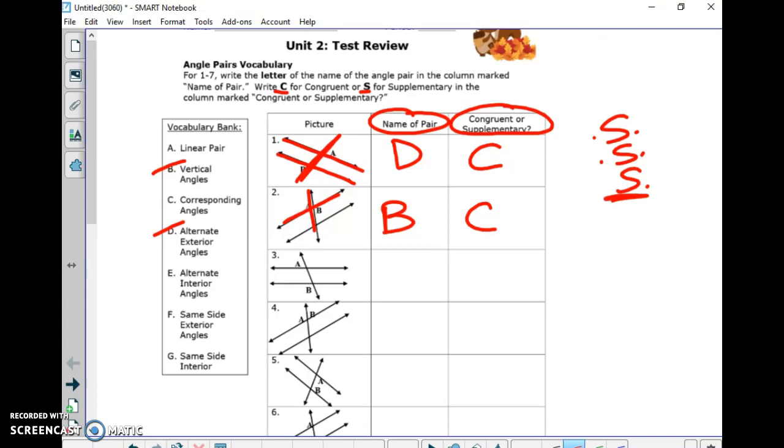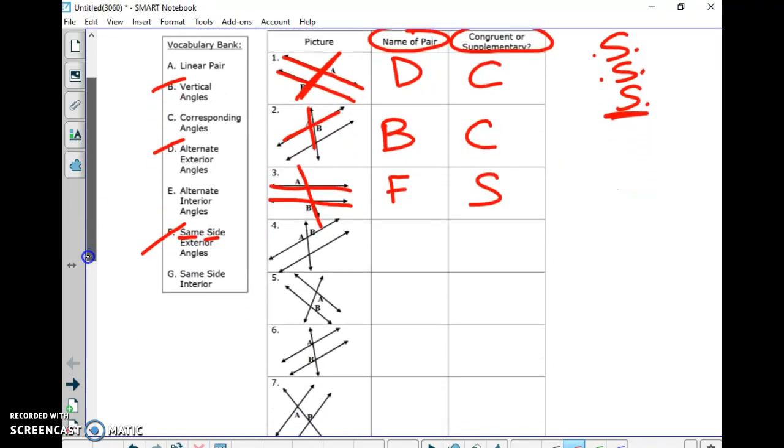Number 3, A and B are outside of the parallels, so those are exterior, but they're on the same side of the transversal, so that would be same side exterior, letter F. Now that we have a same side, we know that's going to be supplementary. They're going to add up to 180 degrees.